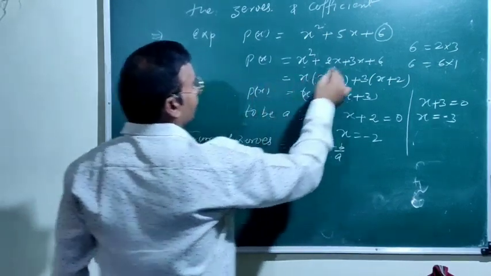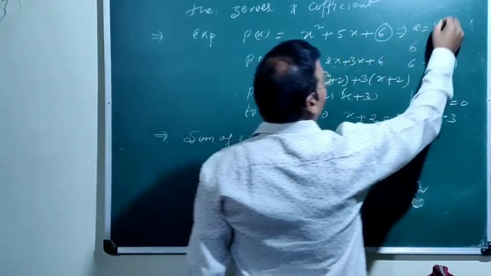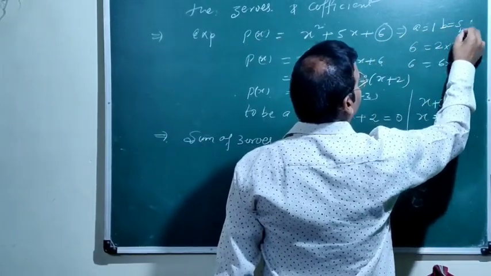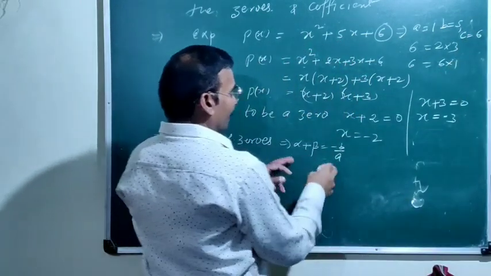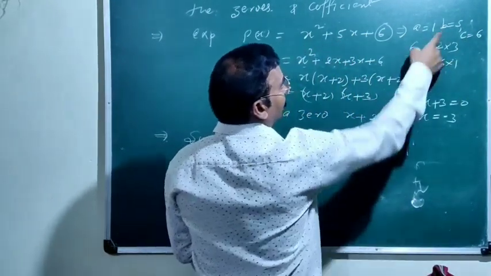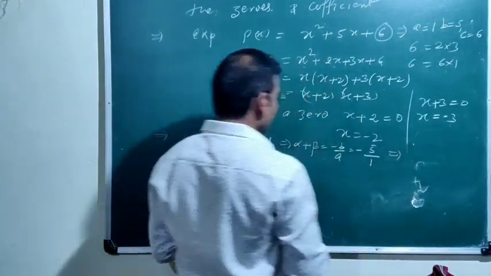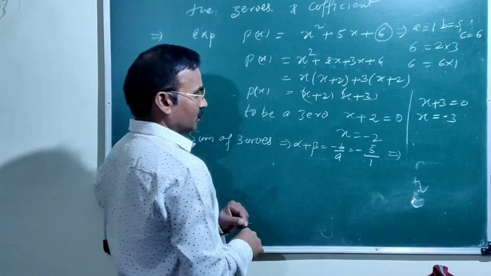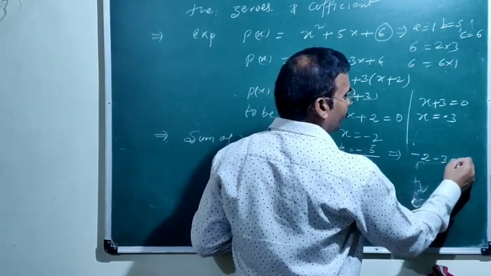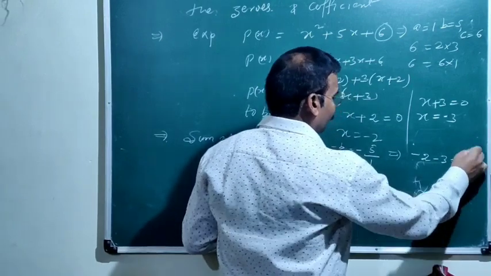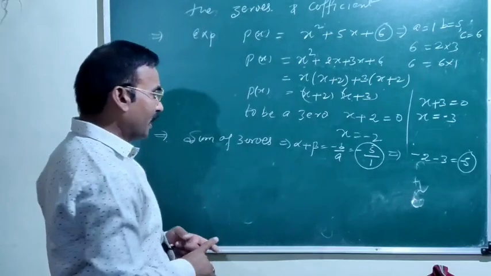Here a equals 1, b equals 5 and c equals 6. So minus b upon a means minus 5 upon 1. Adding both zeros, minus 2 minus 3 equals minus 5. So this minus 5 is equal to this minus 5. The first condition is proved.